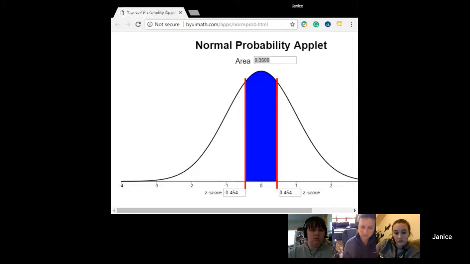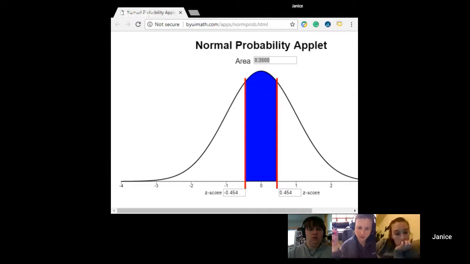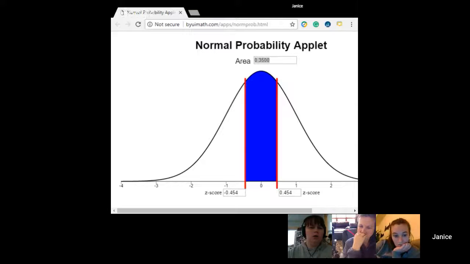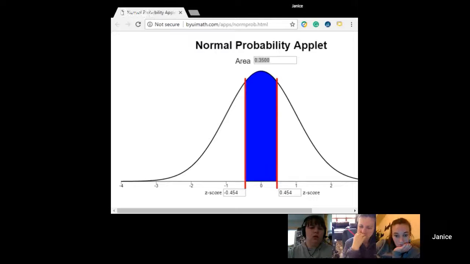The 35th percentile. Tina, would there be a negative, or would it just be the point? Because the 35th percentile in my mind would be the lower, but I don't know if I'm thinking right. I'm not exactly sure.